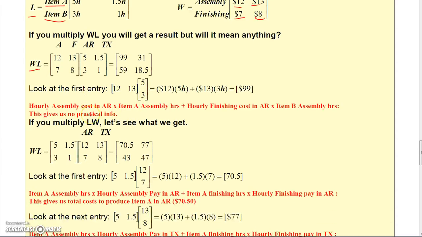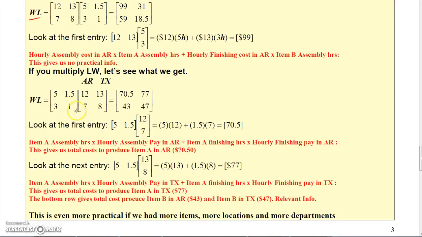But if you go L times W, and let's just say you take this row and multiply it by this column, it'd be 5 times 12 plus 1.5 times 7, which gives you 70.5. What you're doing is taking item A's assembly hours times the hourly assembly pay in Arkansas.